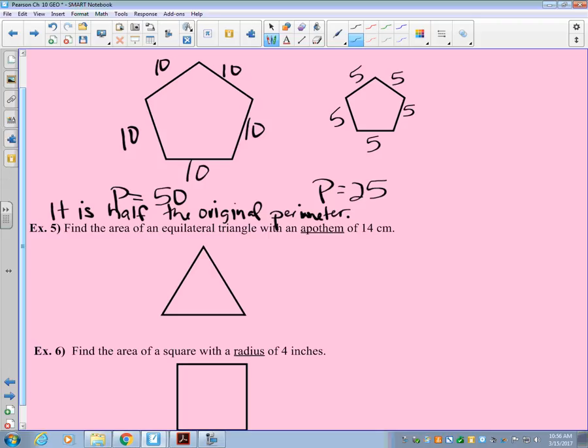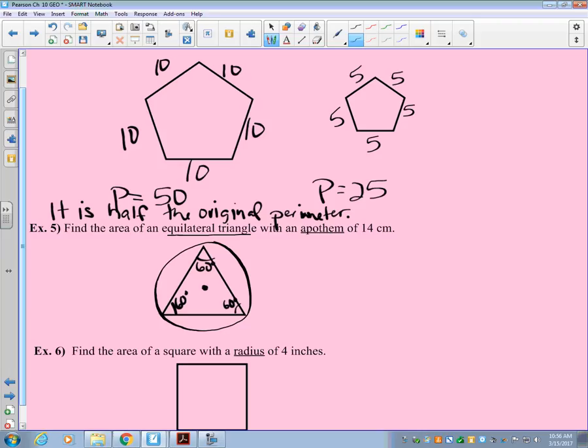Example 5, we want to find the area of an equilateral triangle. We already talked about equilateral triangles, so I can feel comfortable saying that each angle is 60, with an apothem of 14 centimeters. Think about this as a regular polygon living inside of a circle.